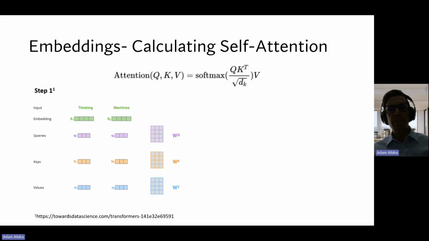So Q, K, and V are created by multiplying the embedding by 3 matrices trained during the training process. You'll notice that the embedding up top there is larger than each of the vectors. This is because the dimensionality of the vectors in this case is 64, whereas the embedding encoder input and output vectors have a dimensionality of 512, enabling this multi-head attention mechanism that I alluded to previously.